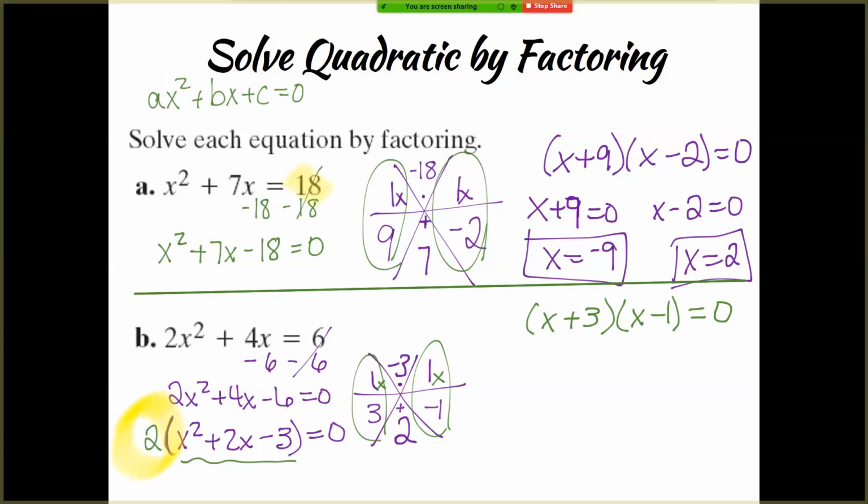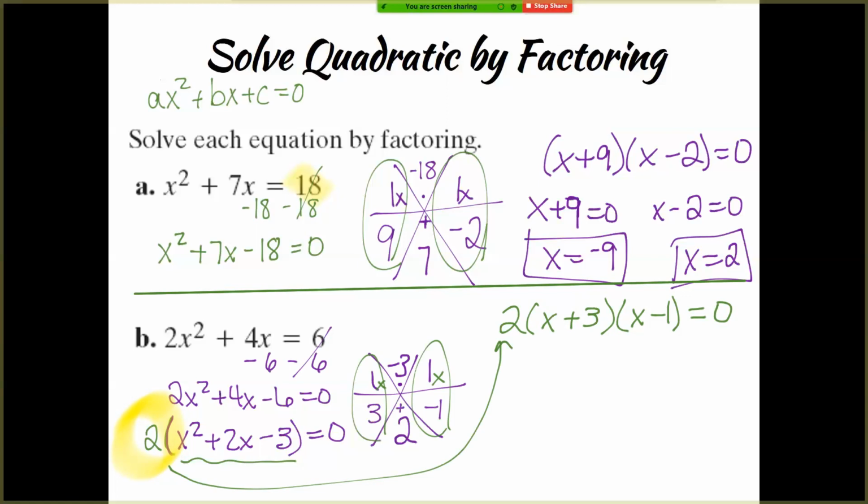We're just going to bring it over and put it out front. So if I take that entire left side and multiply it all together, I should end up with the original 2x squared plus 4x minus 6, which we could subtract 6 or add 6 to get back to the original.